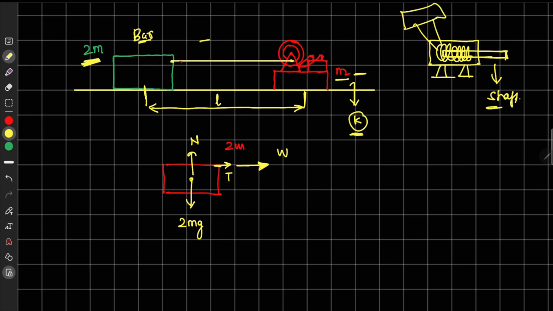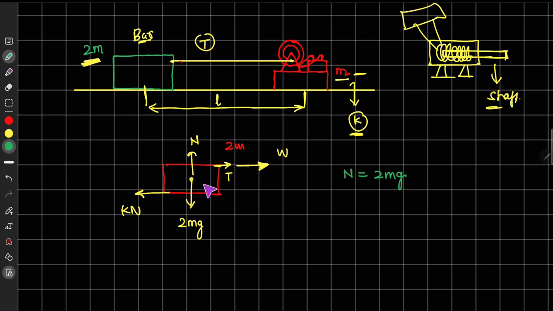Let T be the tension force acting at every point on this thread, and we have the friction force K into N in this direction because it is moving in the other direction. If we balance the forces in the vertical direction, as there is no acceleration vertically, we can write N is equal to 2mg.